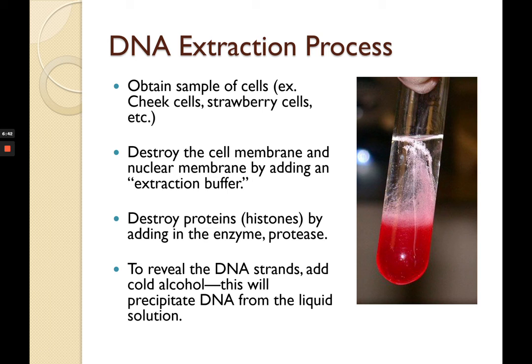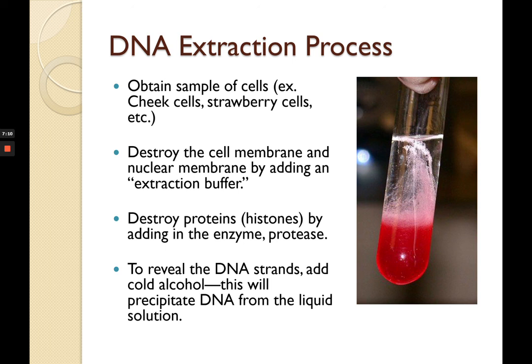So we're going to have to find a way to make it visible. In the chemistry world, we want to precipitate the DNA, and to do that we add some alcohol, cold alcohol to be more accurate. This solution contains cells, broken cell membranes, and destroyed histones.